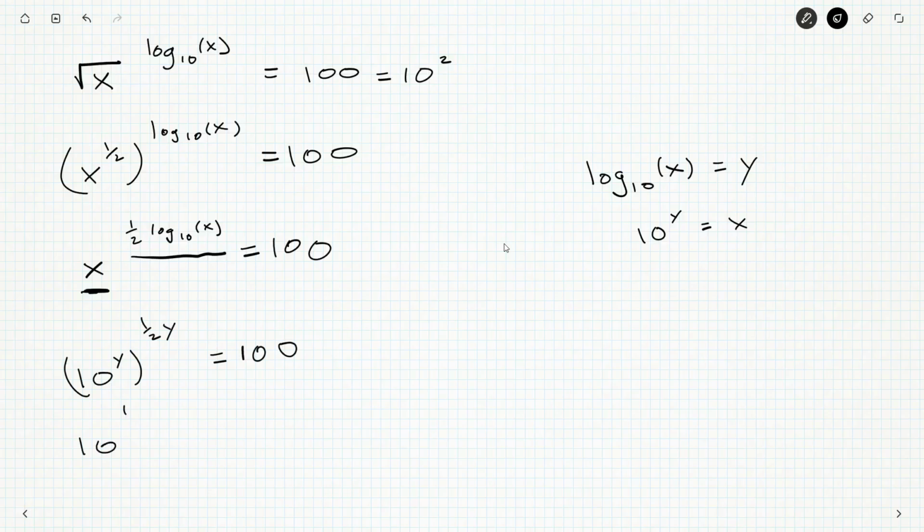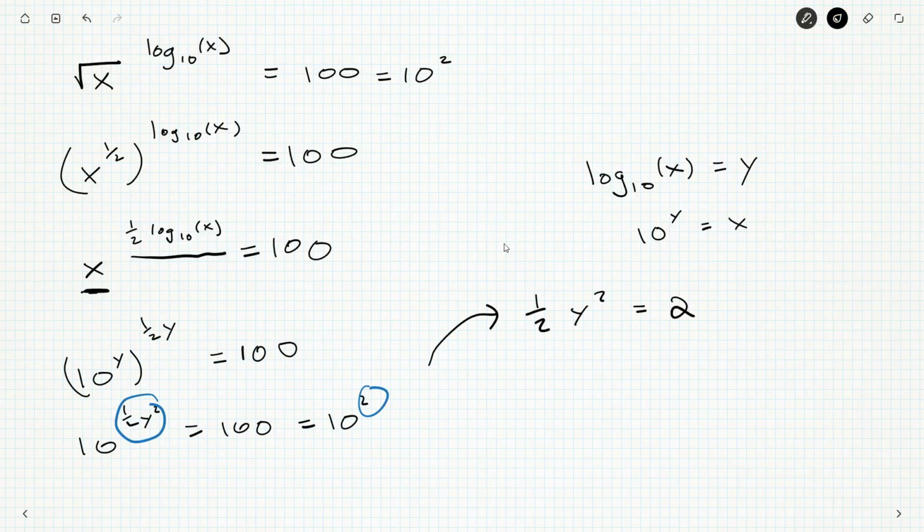And then I'd have 10 to the 1/2 y squared is equal to 100, which is 10 to the 2. And there we go. Now I've got my powers, they're going to have to be equal. So 1/2 y squared is equal to 2.